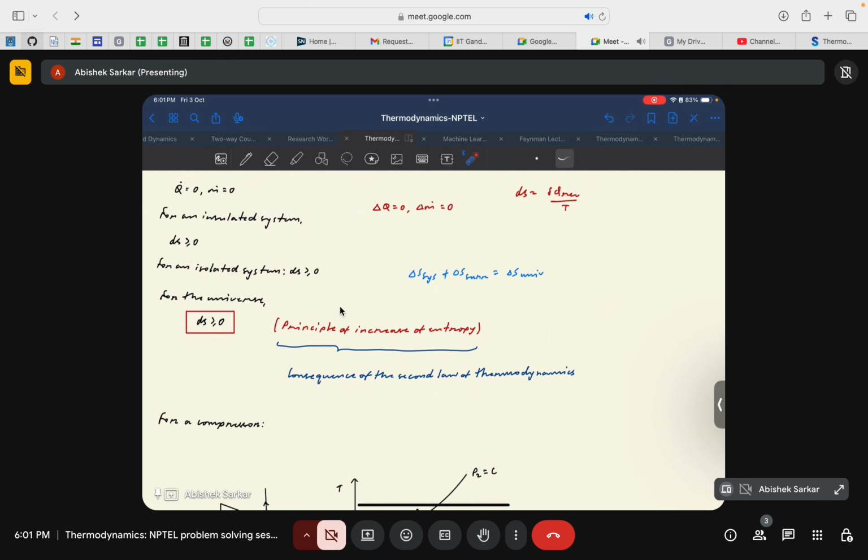All these activities contribute to the increase in entropy, which can affect the entropy of the universe, which is in itself an isolated system.